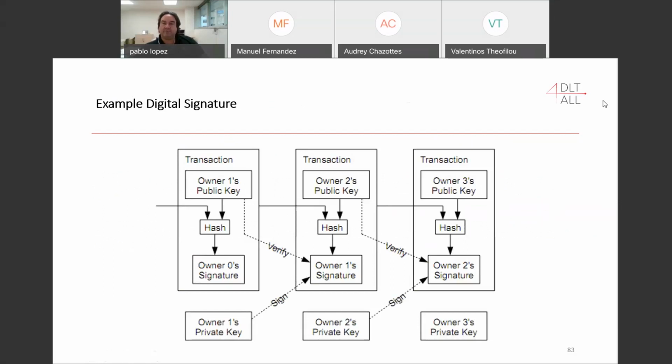For example, let's talk about the digital signature and how it works. Transaction: the owner wants a public key, creates the hash, and signs the signature. The owner of the public key verifies his signature, and the owner with the private key signs the signature. So we have verify and we have sign.